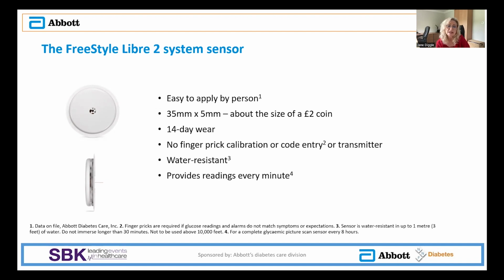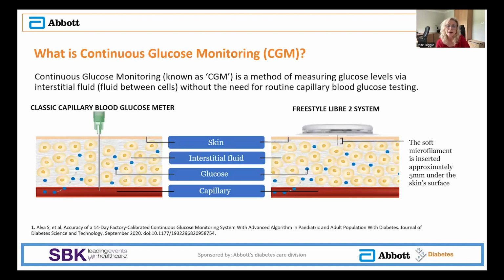And then the next slide, as I said, we'd talk a little bit more about what we're actually measuring. When the sensor is applied, there is a soft microfilament that is inserted. A needle is used to make the insertion, but the needle doesn't remain in the skin. It's around 5 millimeters under the skin surface, and it's actually sitting in what we call interstitial fluid, which is the fluid that surrounds the cells.